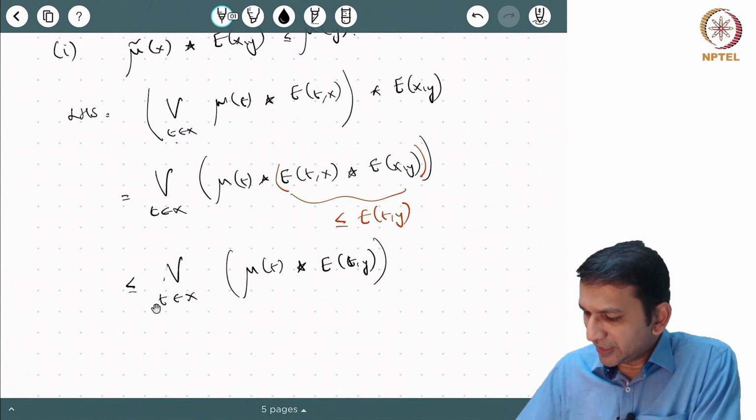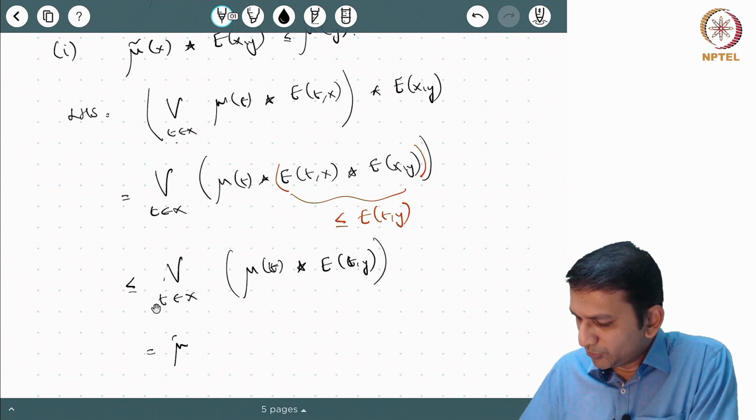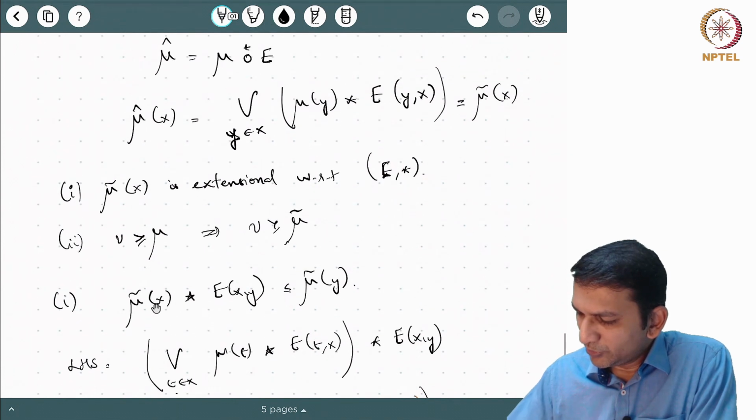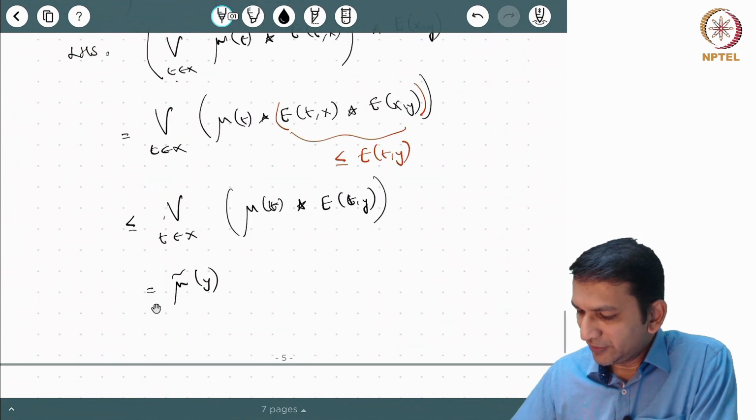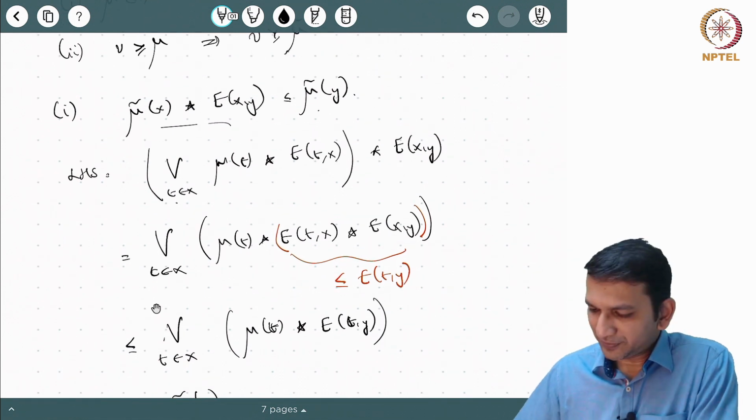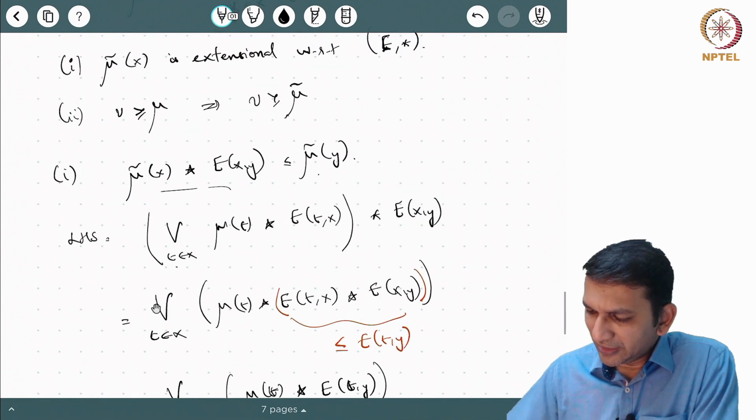Now this is essentially the definition of mu tilde of y. Note that mu tilde of y is the supremum over T element of X of mu of T star E of Ty. And what we have shown is that this quantity is less than or equal to mu tilde of y. So mu tilde is extensional. So that's the first point we have shown.